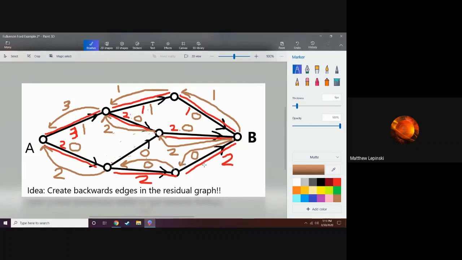So at this point, there's a question of, can I find a path from A to B?